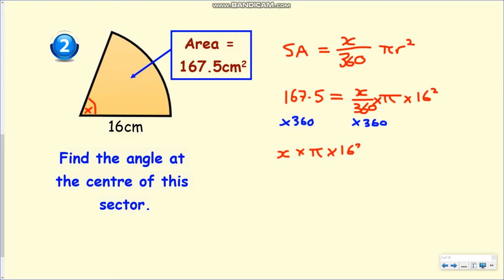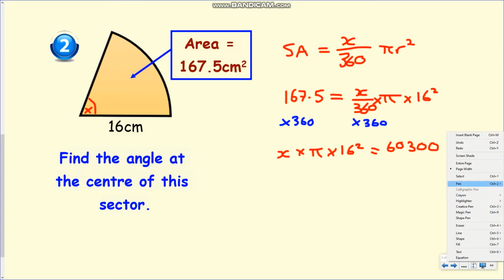On the left hand side, I've swapped sides for those terms, and then 167.5 times 360 is equal to 60,300.